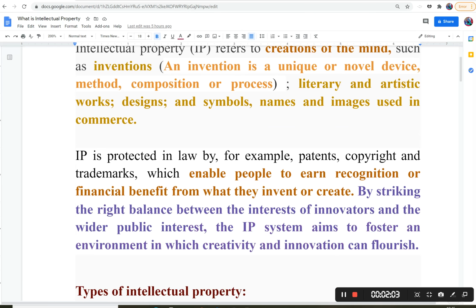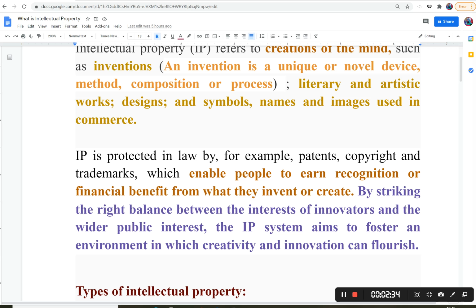And intellectual property is protected in law. For example, we have a number of legislations passed by the Indian Parliament for protecting intellectual property, like patents, copyright, and trademarks. These enable people to gain recognition or financial benefit from what they invent or create.